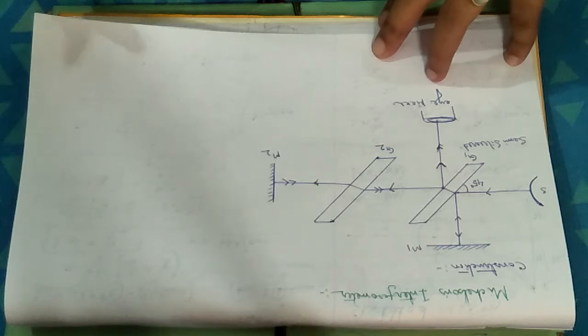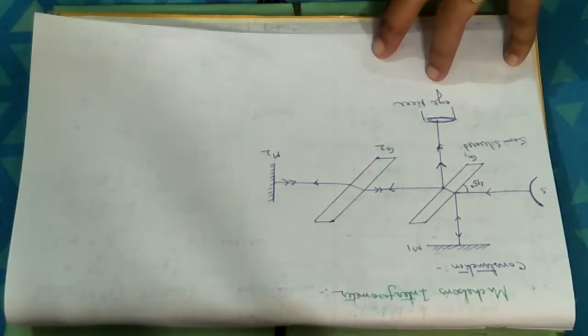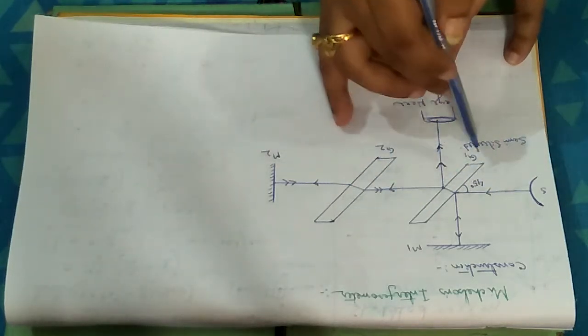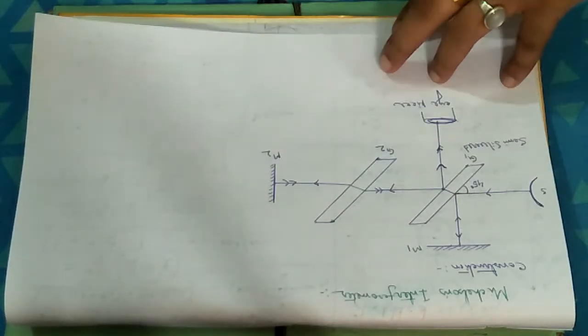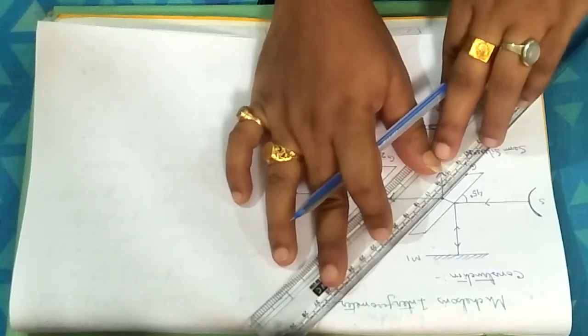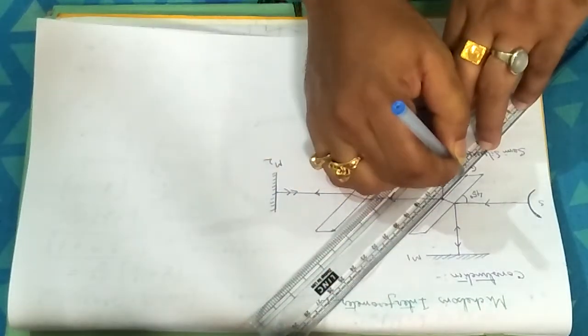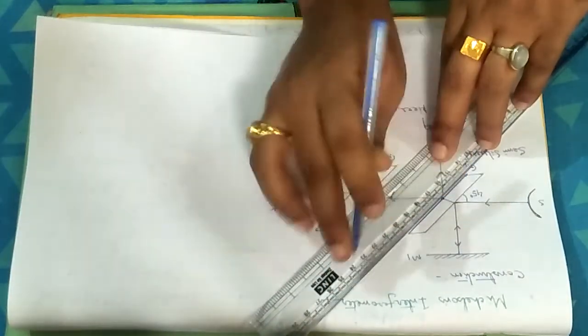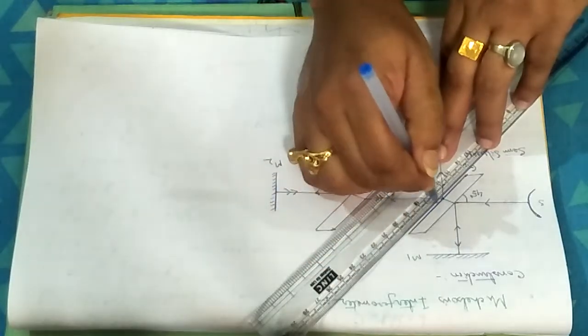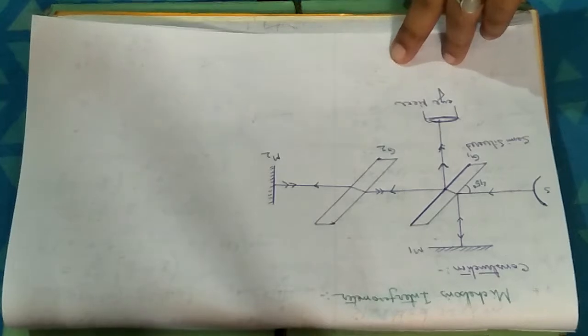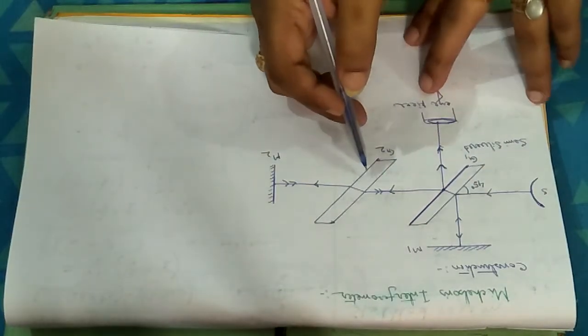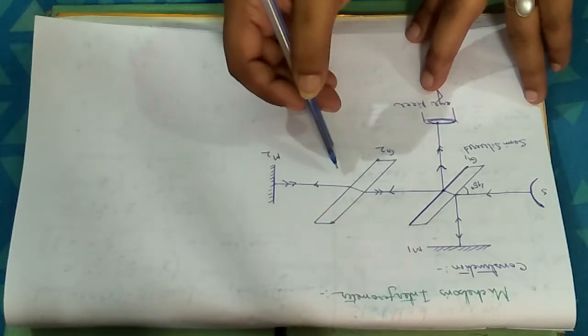But you have to remember about this whole arrangement, I am using two glass plates G1 and G2. G1, this part is semi-silvered and I am considering the silvering is very thin. This part is semi-silvered, very thin but semi-silvered, but G2 is not. So then what is the role of G2?